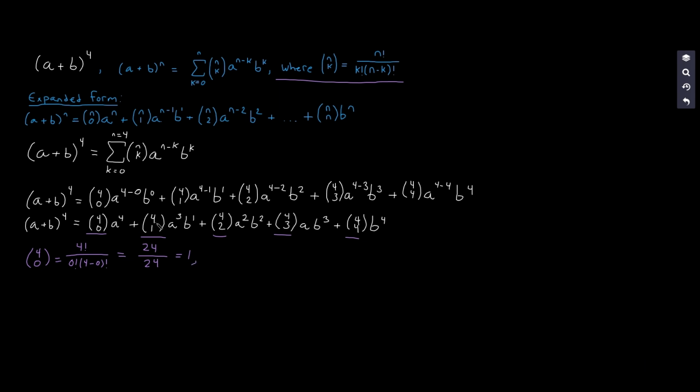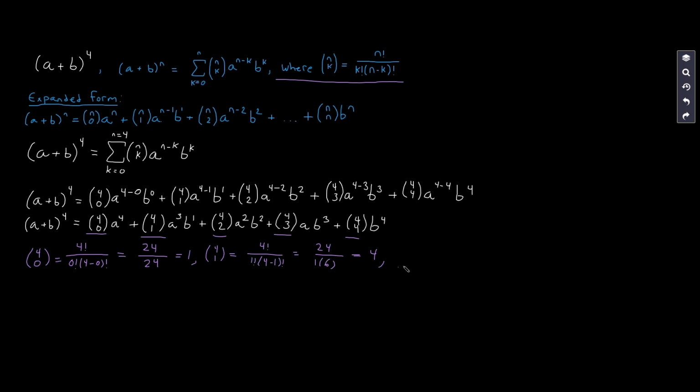All right, then we have to do our second binomial coefficient, which is going to be 4 choose 1. 4 choose 1 is going to be 4 factorial over 1 factorial times 4 minus 1 quantity factorial. Well, 4 factorial is 24. 1 factorial is 1. 4 minus 1 is 3, and 3 factorial is 6. So we'll have 24 divided by 6, which I do believe is 4.